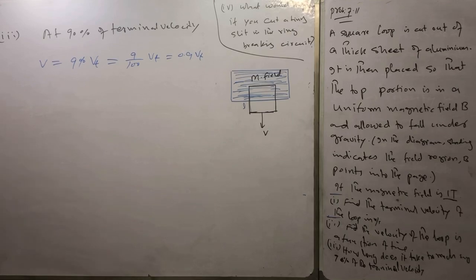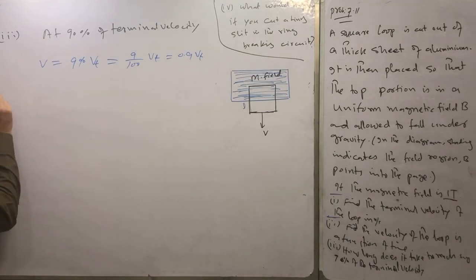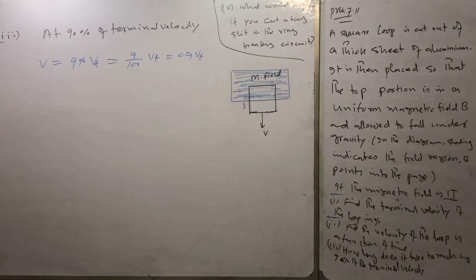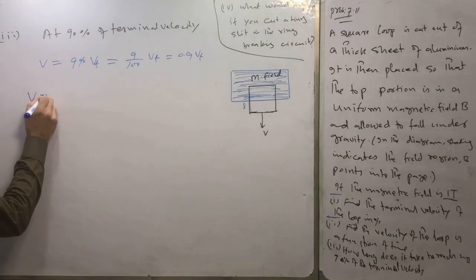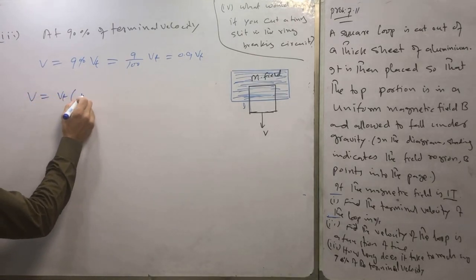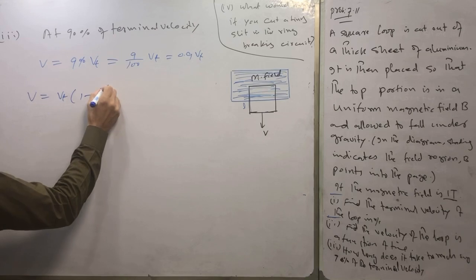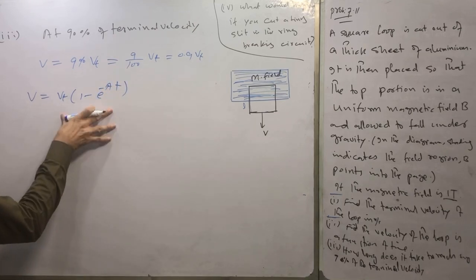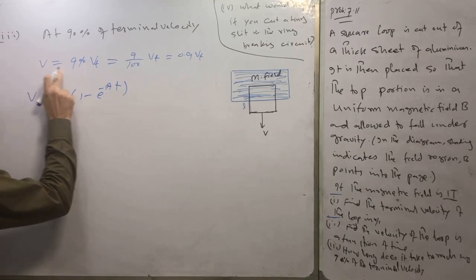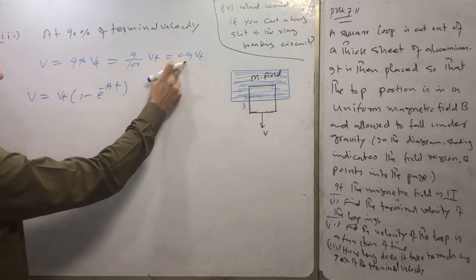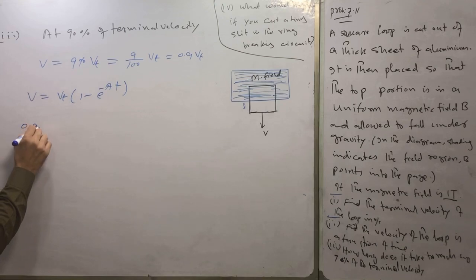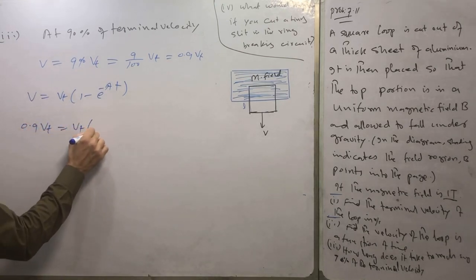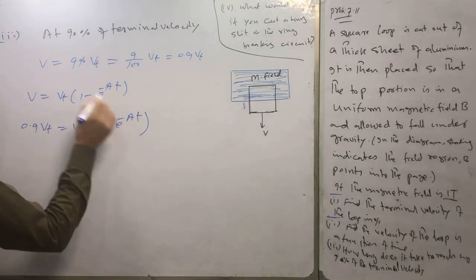And last, in the second part, we have calculated V, which is equal to Vt and 1 minus e to the power minus at. Already we have calculated. Then from this statement, V is equal to 0.9 Vt, putting this, 0.9 Vt is equal to Vt and 1 minus e to the power minus at.